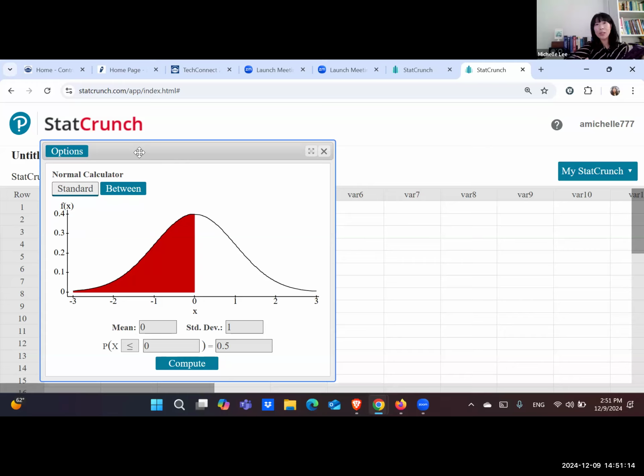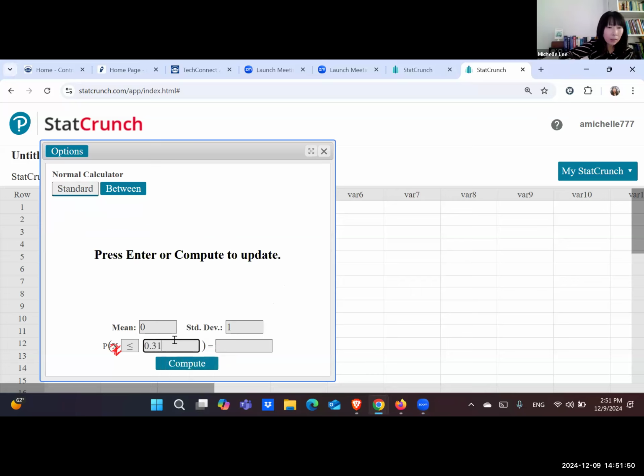What is the mean and what is the standard deviation? Very good. Mean is 0, standard deviation is 1. When we use z-score, we are using mean as 0, standard deviation as 1. And that is z. Z is less than 0.31. Click.